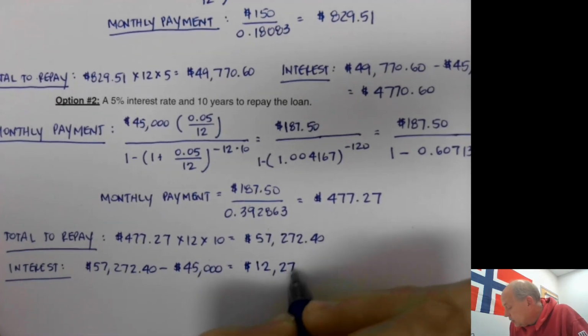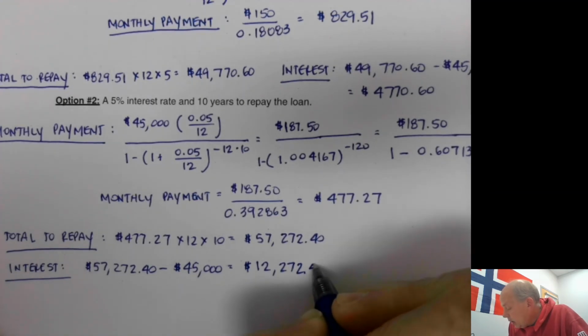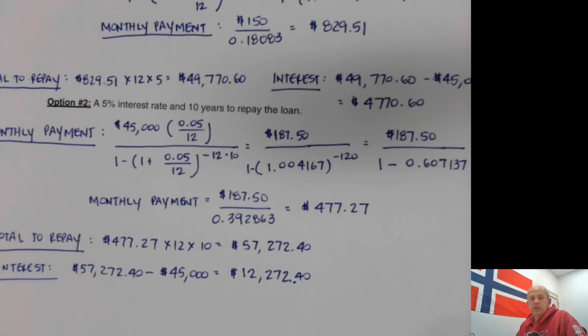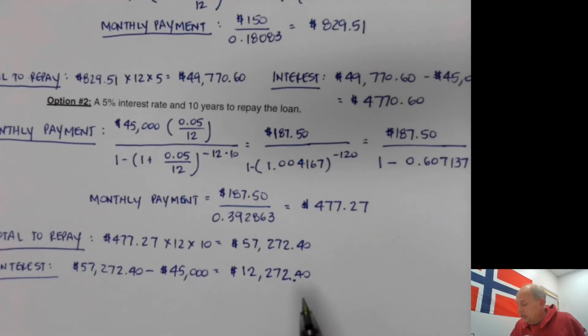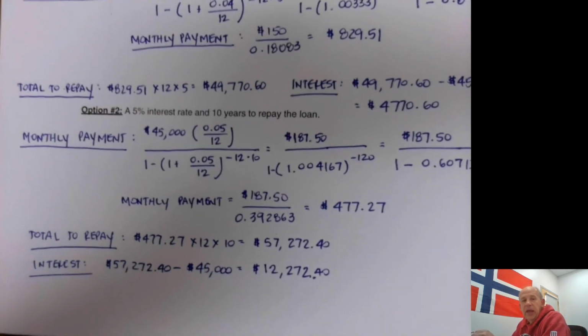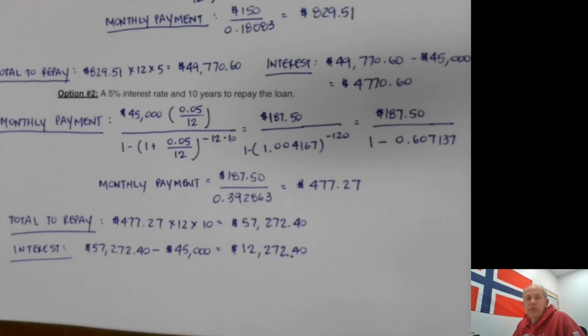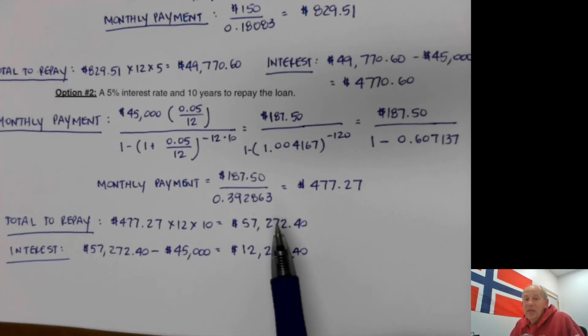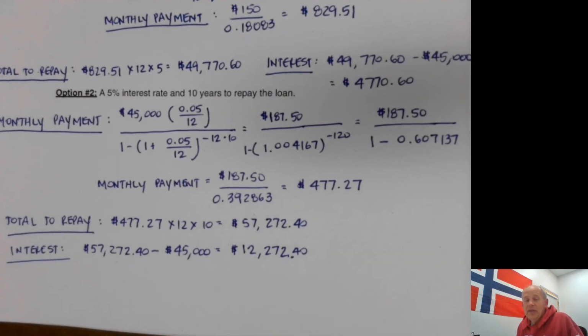So the interest for this part of the loan is $12,272.40, which is much higher than that value over 5 years. So paying it back over 10 years, the monthly payment is much lower, but the total amount that I have to pay and the amount that I have to pay in interest is much higher. So there are definitely advantages and disadvantages to each method, depending on which you choose.